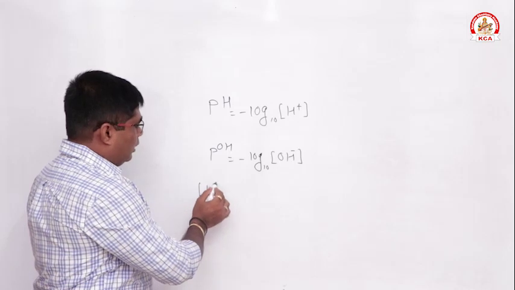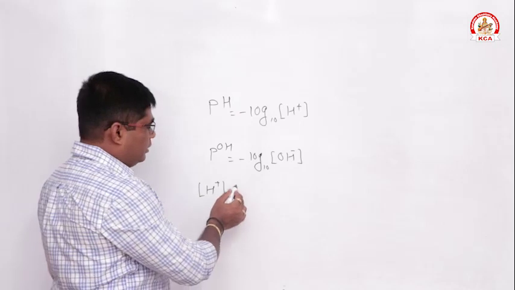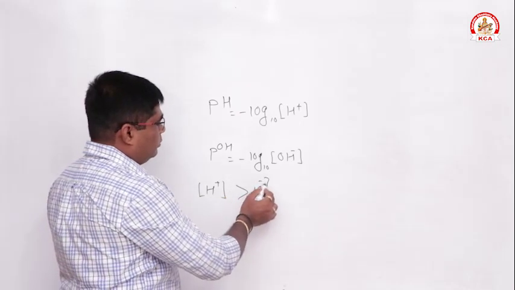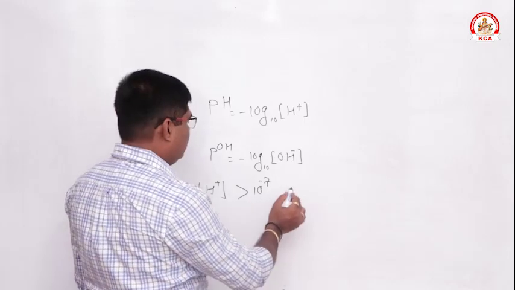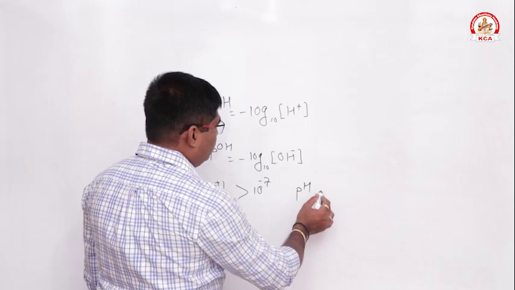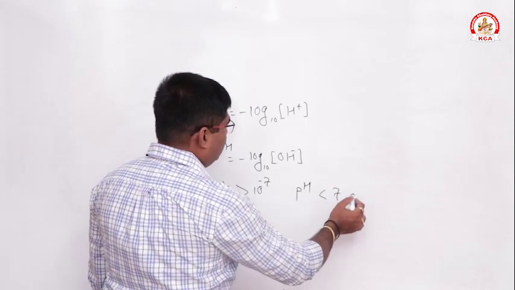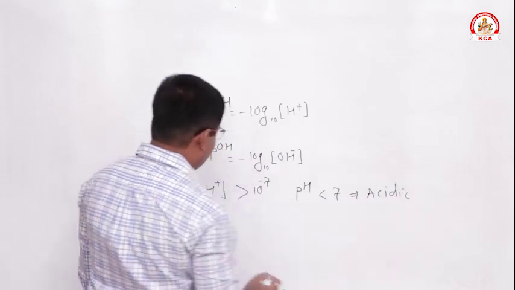We also see that when the concentration of H plus ion is greater than 10 raised to minus 7, the pH of the solution is less than 7, it becomes acidic.